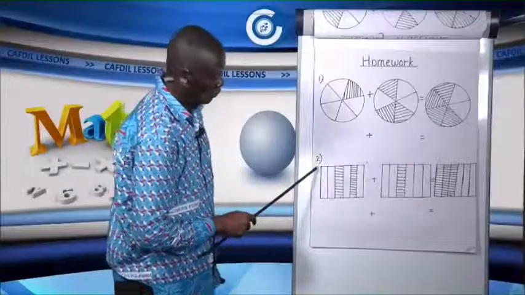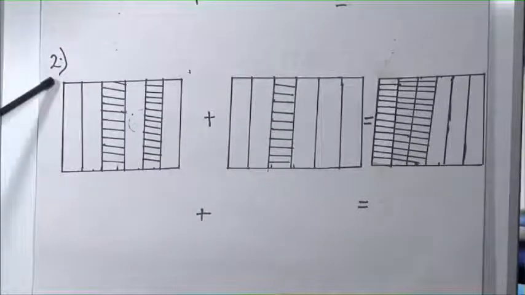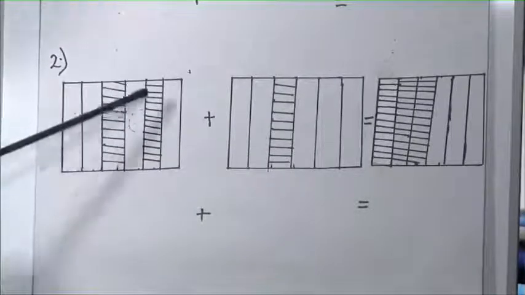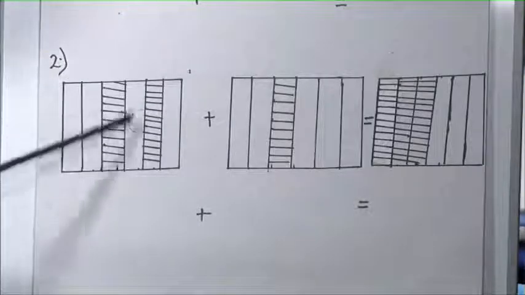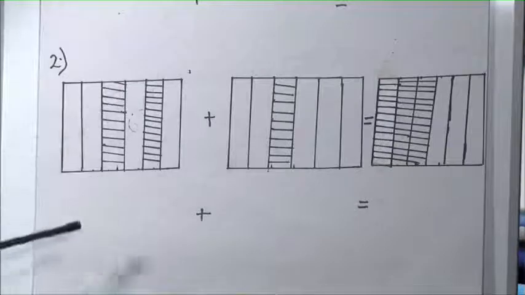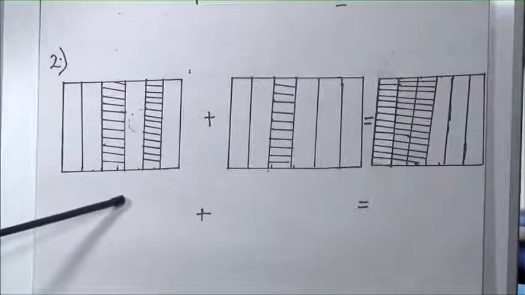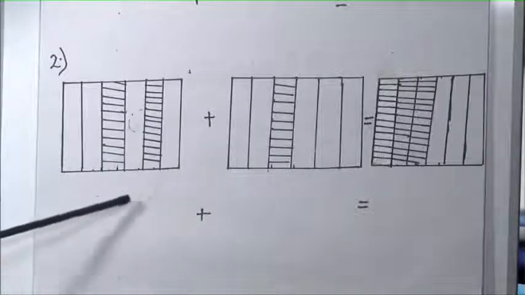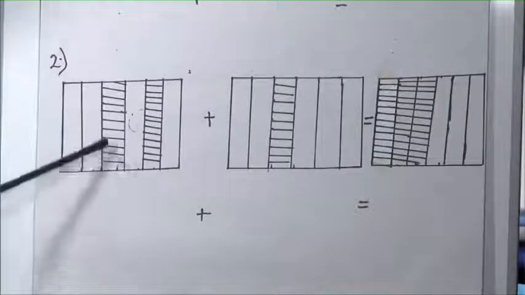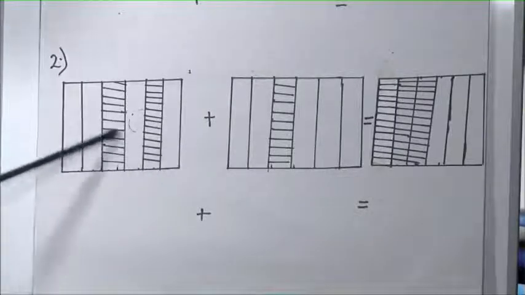Come and write that fraction. Question 2. You have a rectangle. Part of it has been shaded. First of all, we have equal parts. Name the part that has been shaded as a fraction of all the parts here, the number of parts we have here.